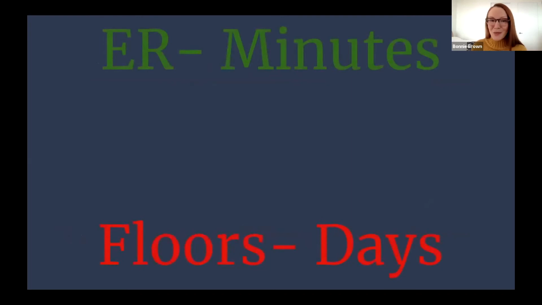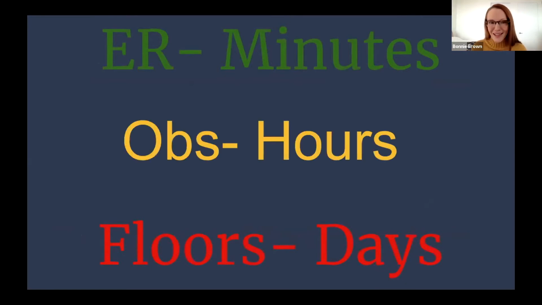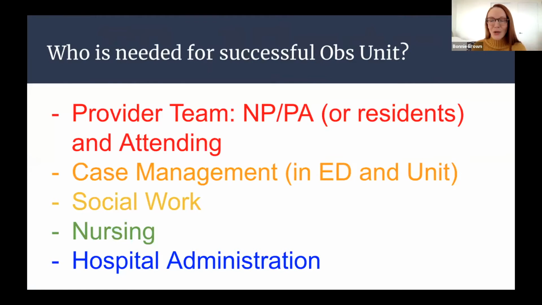So in the emergency room, as you know, we work in more minutes, maybe to hours, and on the floors, it's always days. And then the observation unit is that in between, more in hours, and specifically no more than 24 hours ideally.